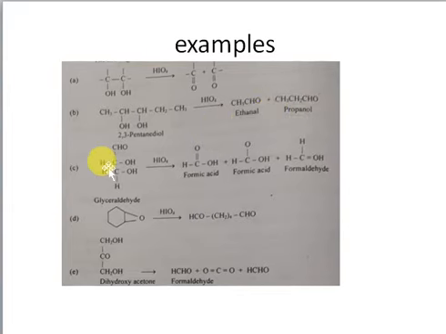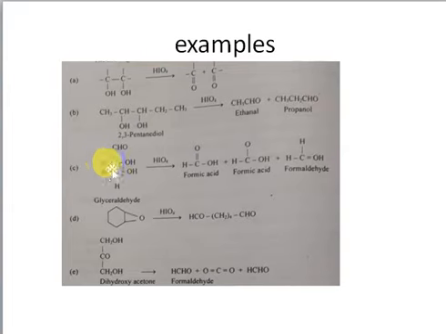Now we have this molecule, right? We have a diol here. This is glyceraldehyde basically, so this is a carbohydrate. You have to break the bond from the center here and convert both of these into carbonyl compounds.